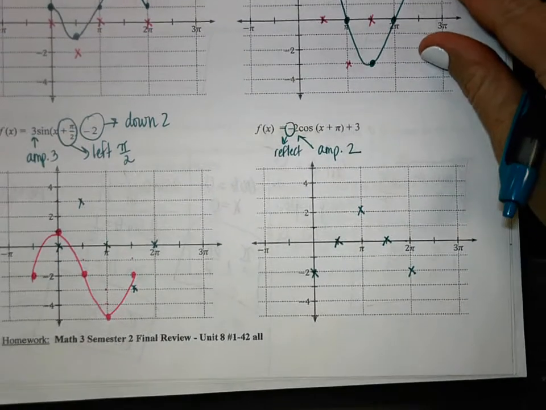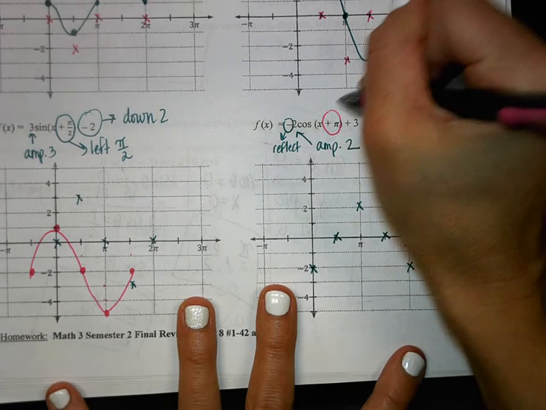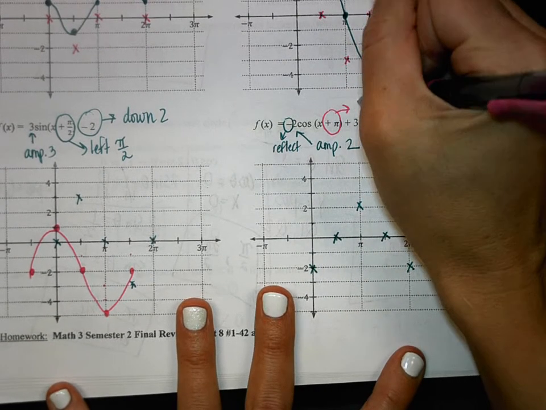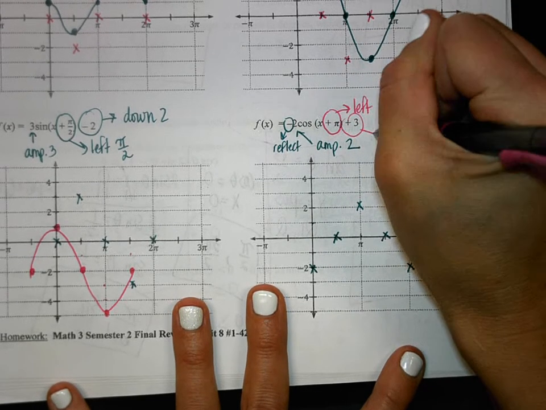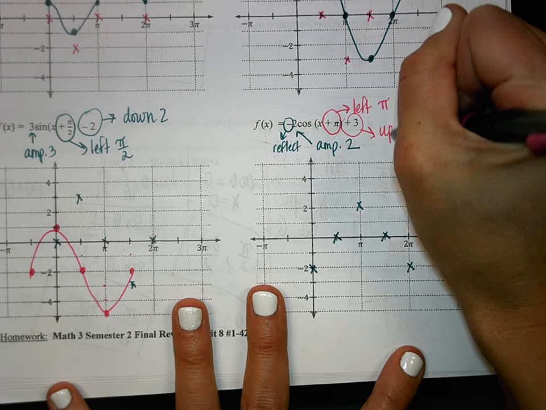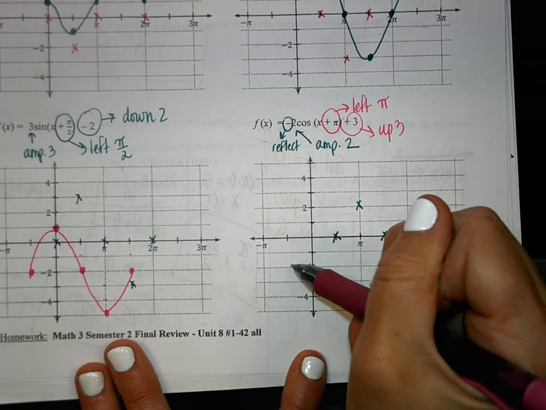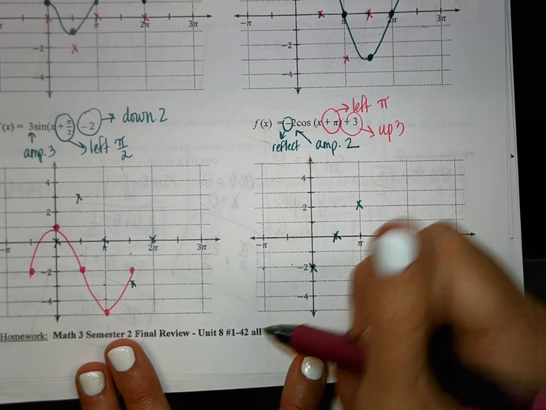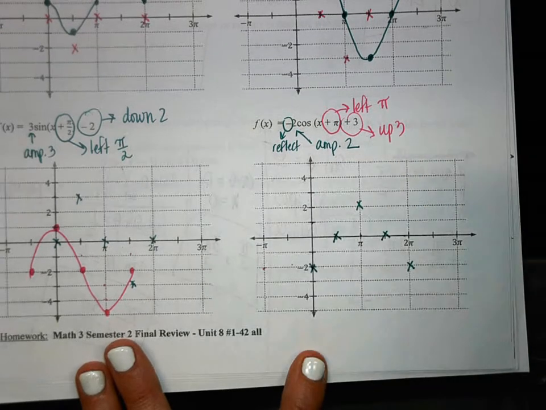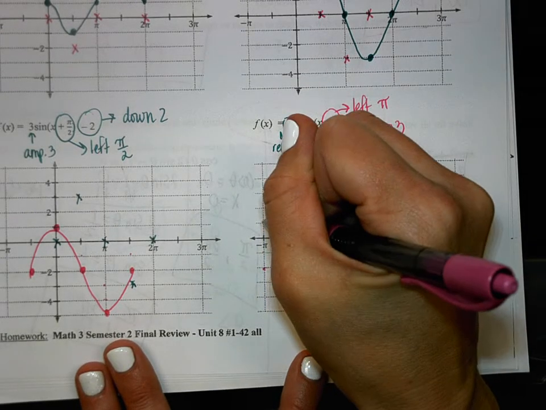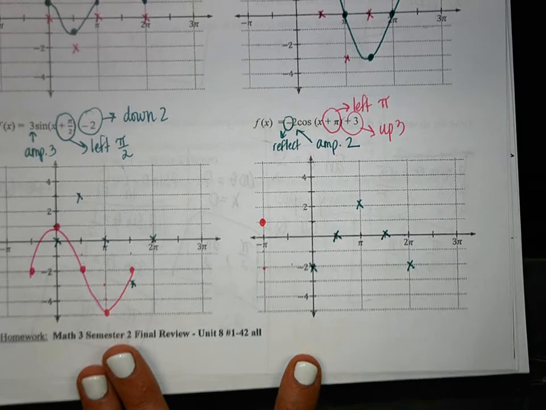And then we do our translation. This plus pi right here means I'm going to go left pi, and the plus 3 means I'm going to go up 3. So we start at the left side, and we're going to go pi, which means it's really like 2 markings over. Do you guys agree? So left pi, and then up 1, 2, 3. That's my first point. Then I go to my second x.